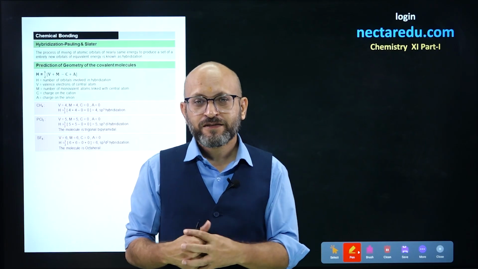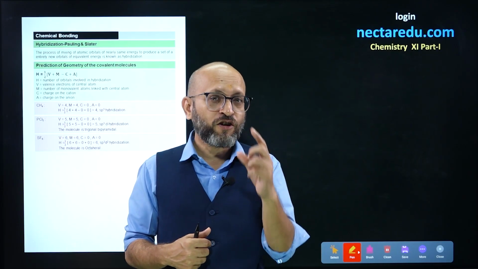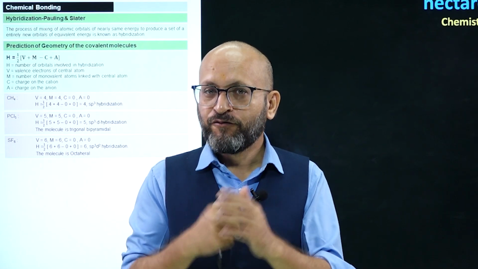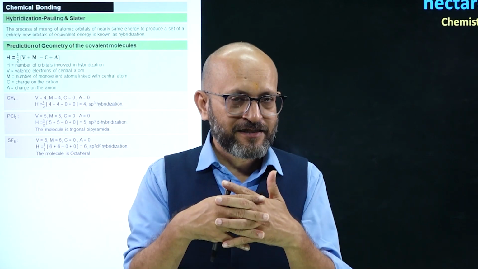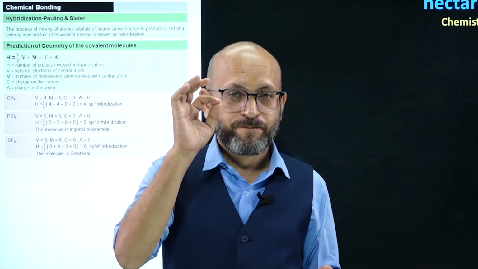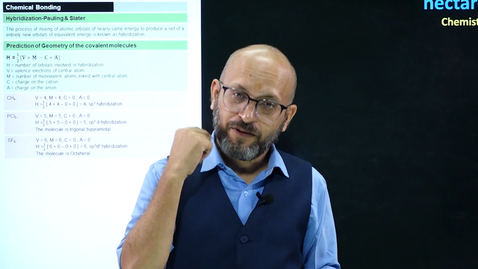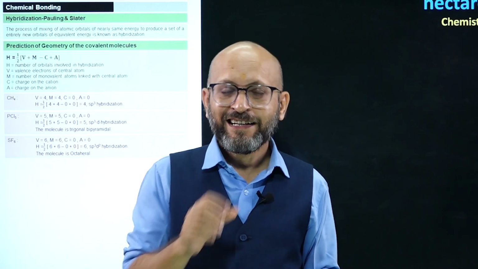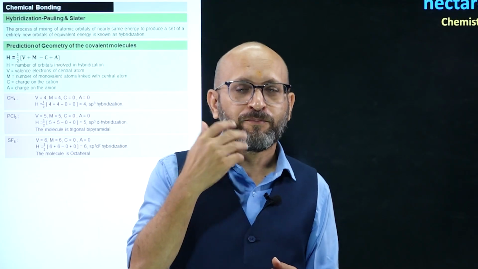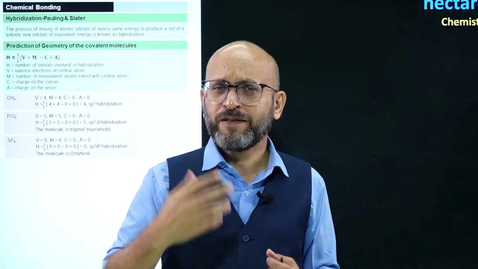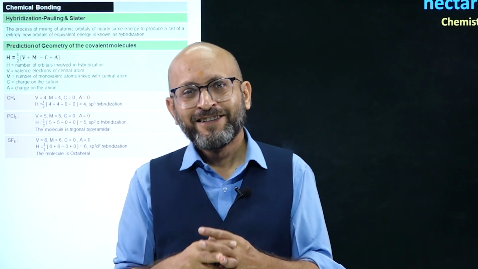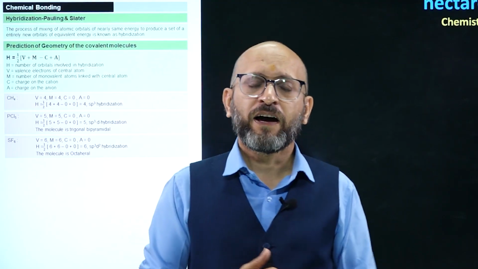These new mixed orbitals are called hybridized orbitals. When four orbitals are mixed, the new orbitals formed will also be four, and each one will have the same properties, same bond angle, same shape, same orientation, right? So this is the concept of hybridization.